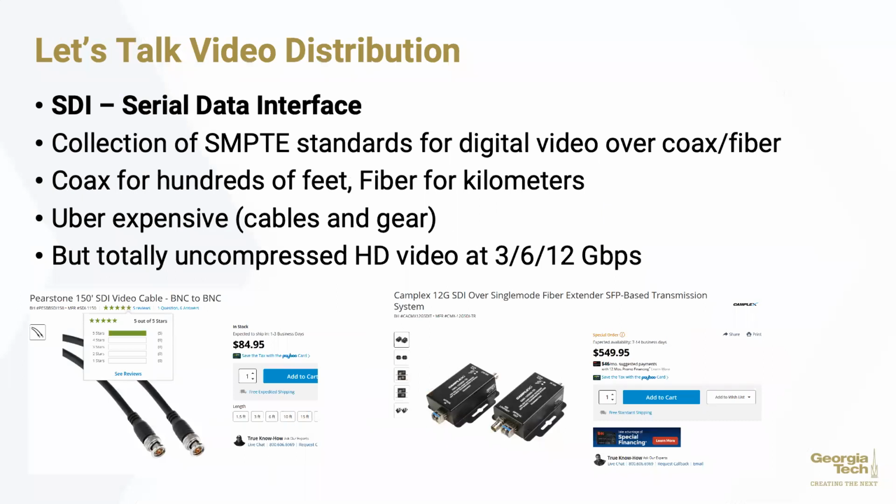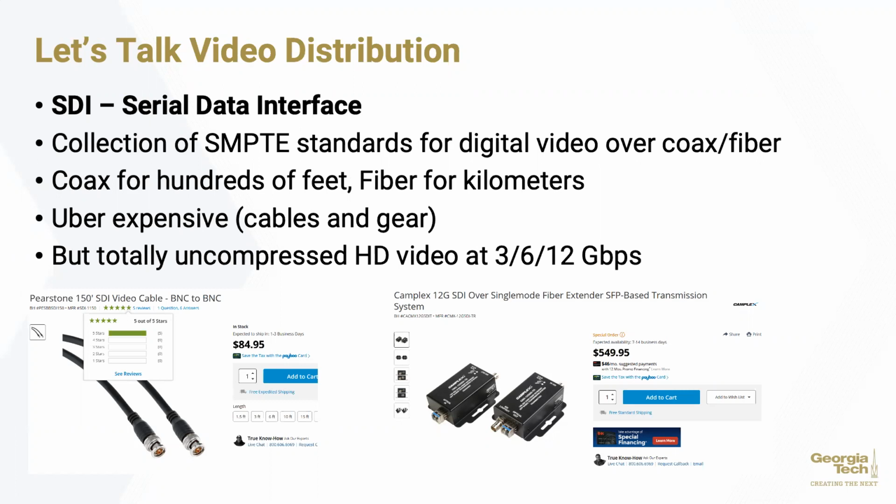So if we go purely from the professional broadcast video standpoint, there is a solution here, and it's called SDI. So we'll just talk about that for a moment. This is a bunch of standards for moving uncompressed digital video around, primarily over coax, but also over fiber.